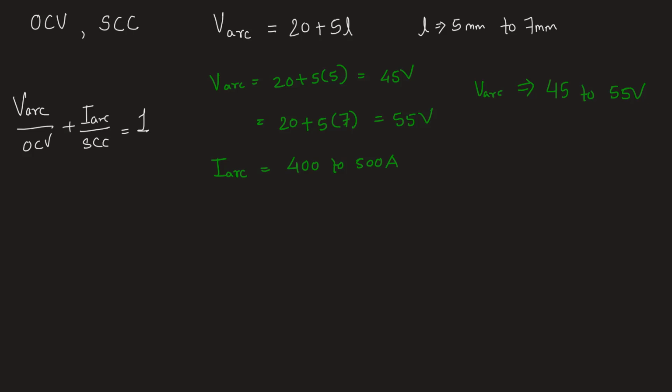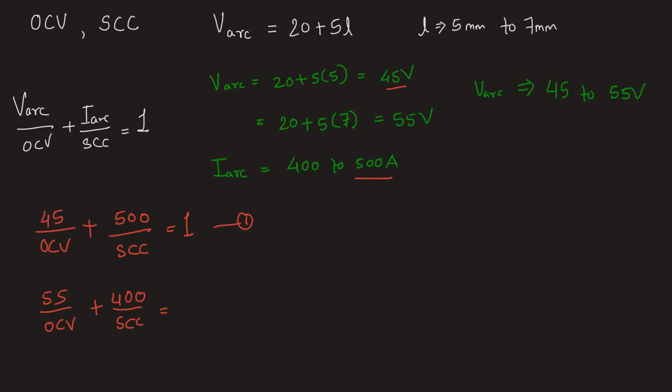So by using 45 volt and 500 ampere, when arc voltage is minimum, current has to be maximum. Substituting it here, we get 45 by OCV plus 500 by SCC equal to 1.